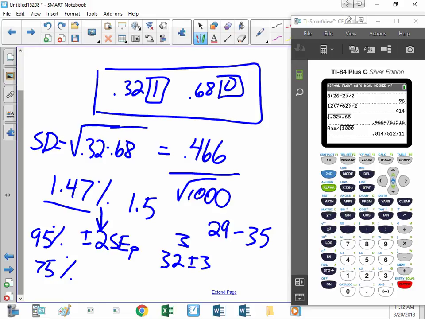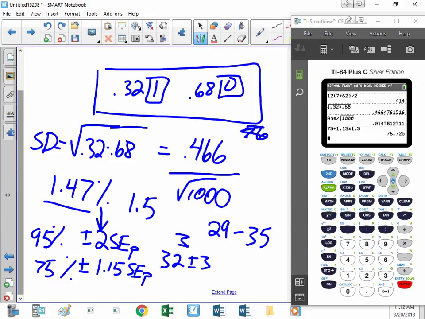And so instead of 2 SEs, I do plus or minus 1.15 SEs. So I would do 75 plus 1.15 times 1.5.